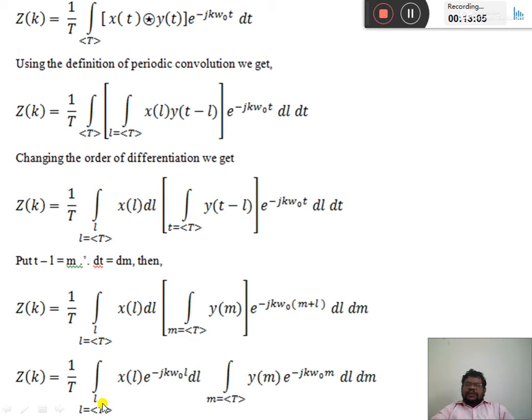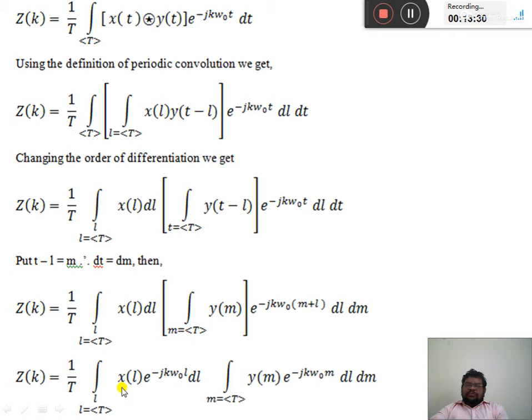So this is nothing but x of k, and this is also y of k.